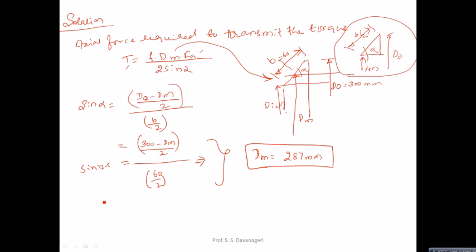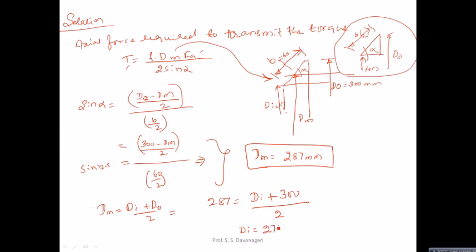This is equal to sine 12.5. If you solve this equation, you are going to get a mean diameter dm equal to 287 mm.